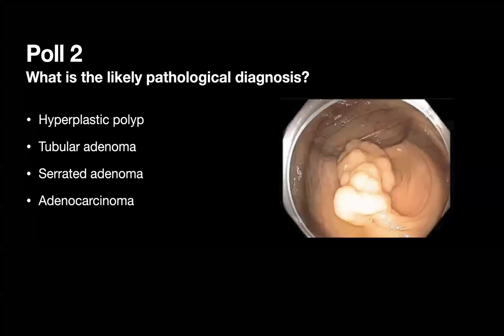And I don't see macroscopic signs of submucosal invasion. So I don't think it's an adenocarcinoma, but of course, a large sessile polyp of this size, maybe about 2.5 centimeters in my opinion, has a risk of containing adenocarcinoma. So to answer the question, I think it's an adenoma.